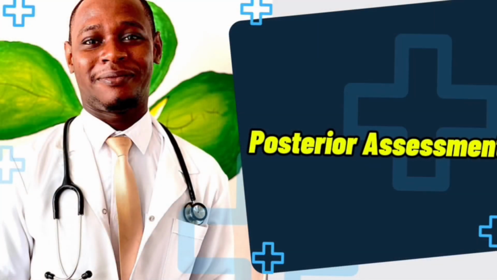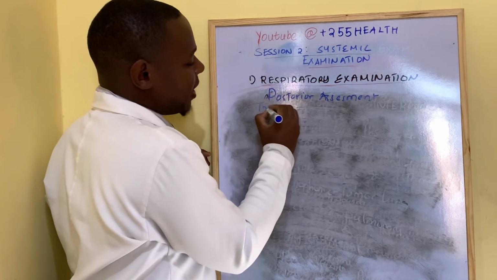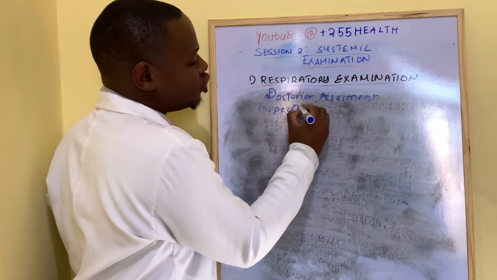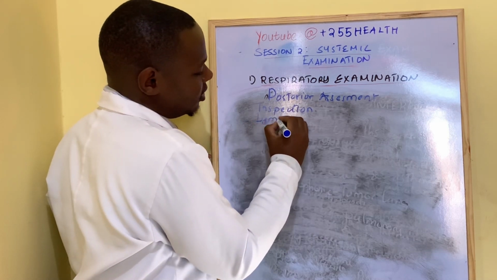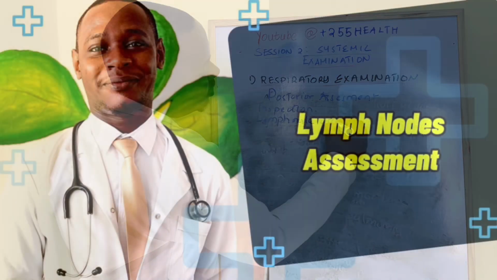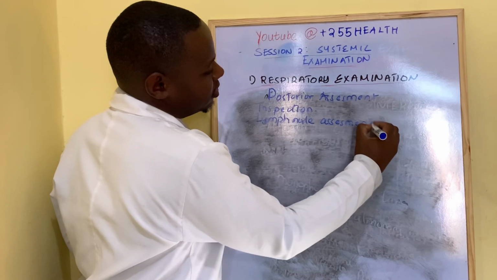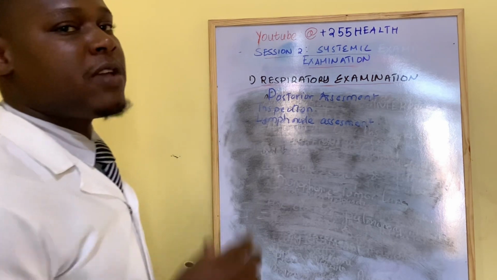So what are you going to check for this? The first thing that you want to do is inspection, and you're going to check the lymph nodes. Lymph node assessment is very important, because in some respiratory conditions the lymph nodes may be enlarged.